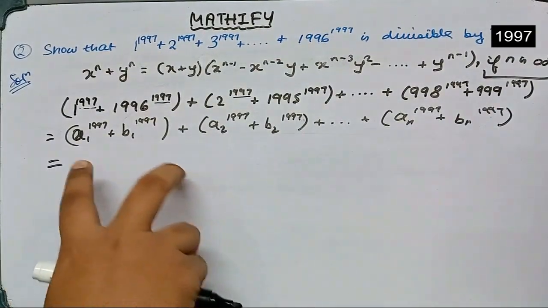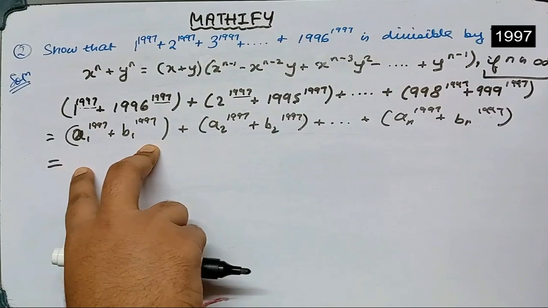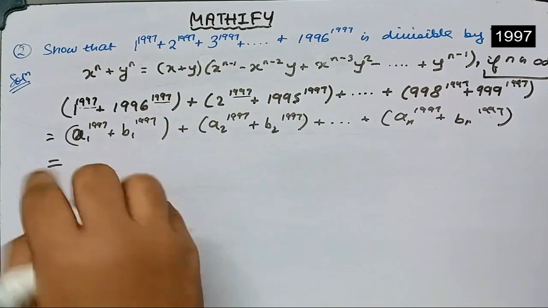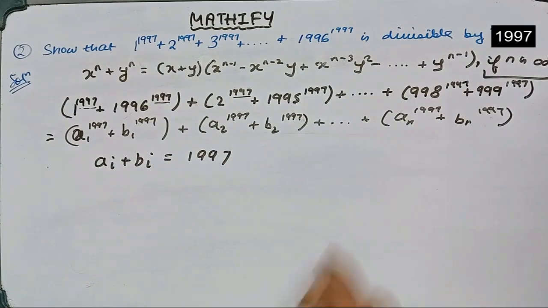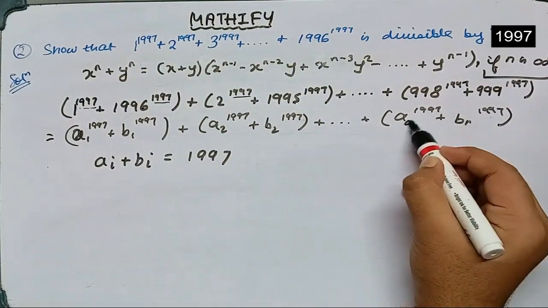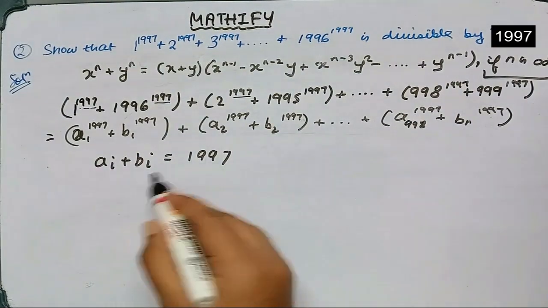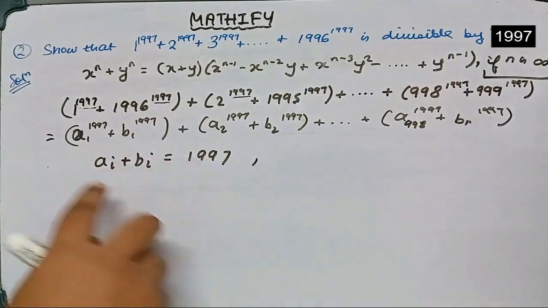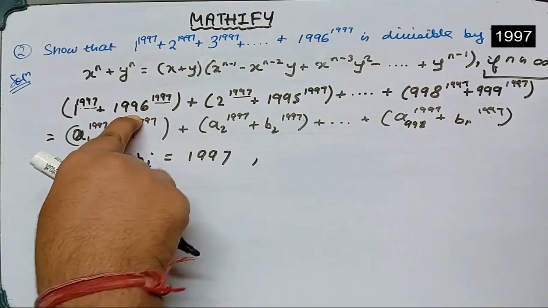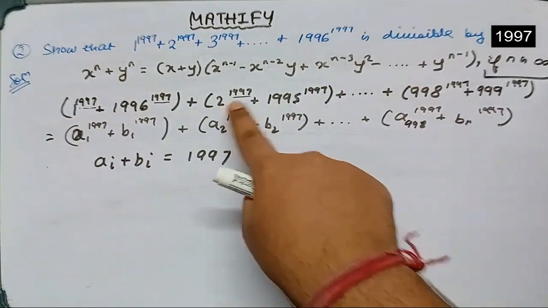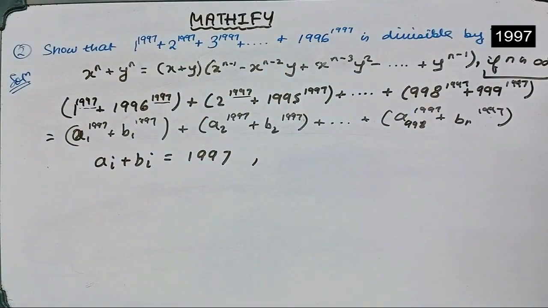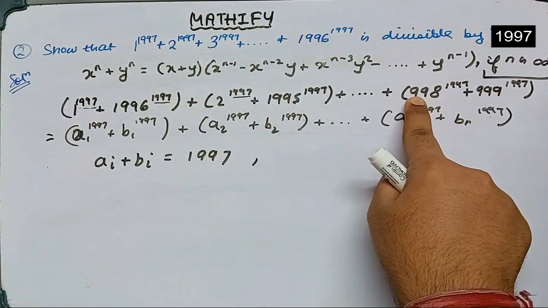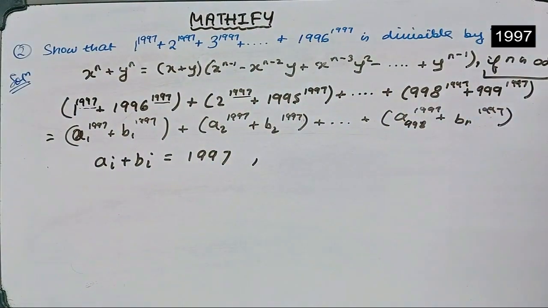Now watch this very interesting thing: every ai plus bi is 1997, and there are exactly 998 such brackets. You can see for yourself: 1 plus 1996 is 1997, 2 plus 1995 is 1997, 3 plus 1994 is 1997, and finally 998 plus 999 is equal to 1997.